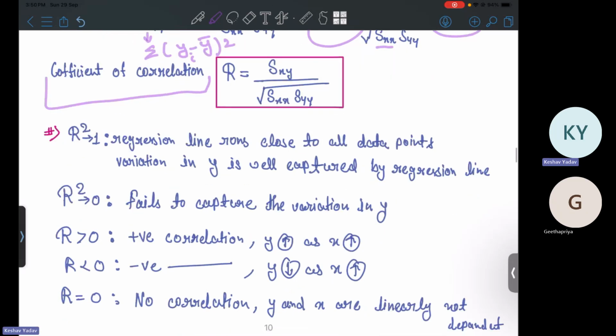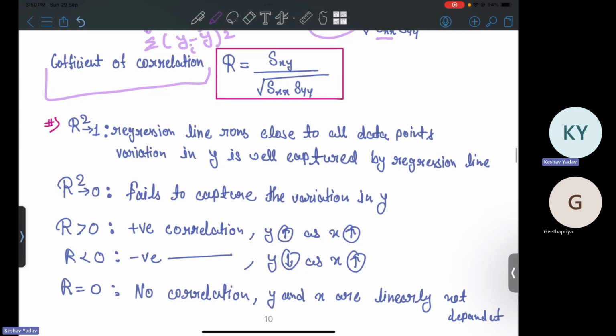Okay. So from all this analysis, what can we say? If my R square goes to 1, which means what? The regression line runs close to all the data and the variation of Y is well captured by the regression.